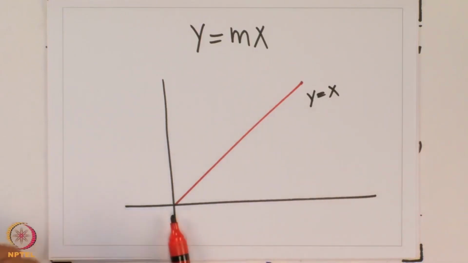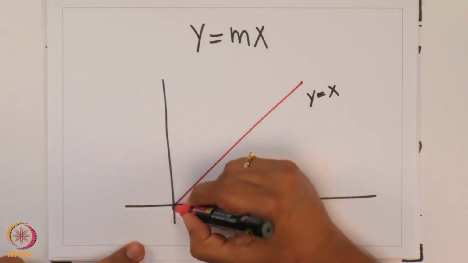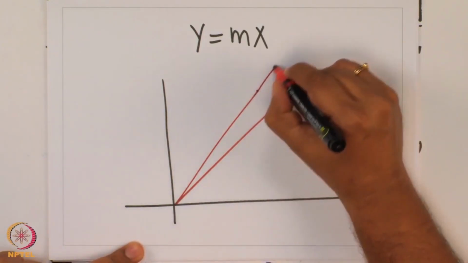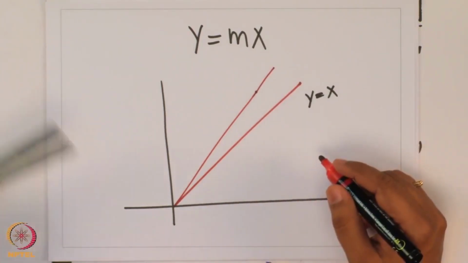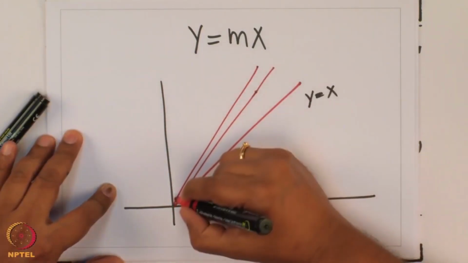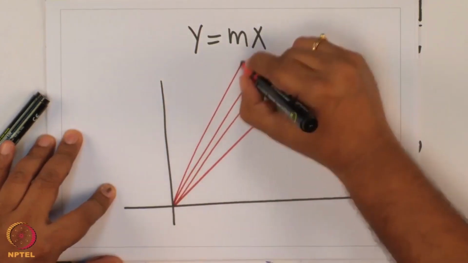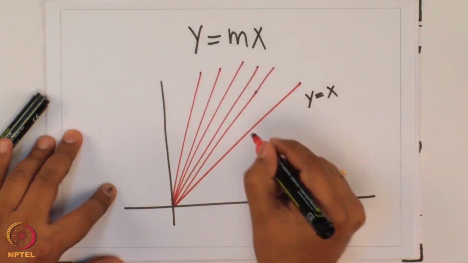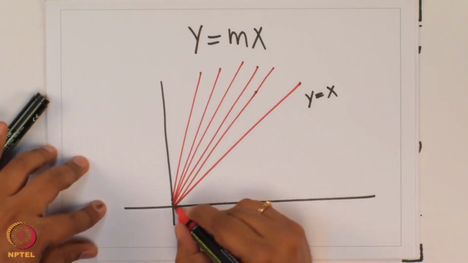If we had y is equal to 2x, we said it might look something like this. y is equal to 3x looks like this, 4x and so on and so forth. As we go to larger and larger m values, and also half x.